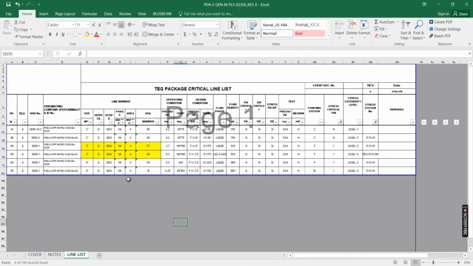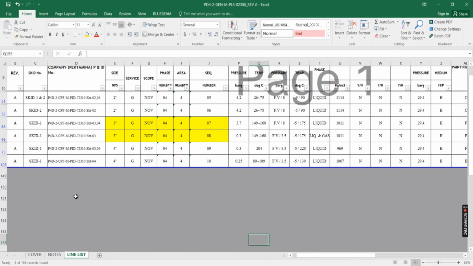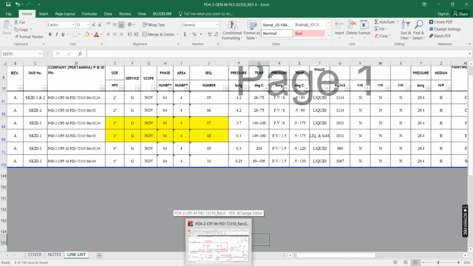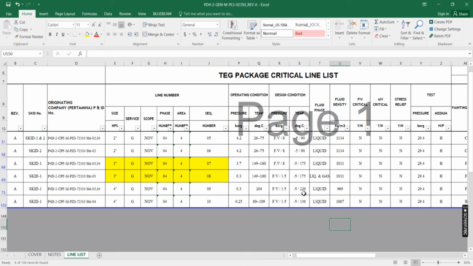Okay, so we'll see another of these lines. I don't know where it is coming from. 4-inch G 04409. Our temperature is 220. Definitely it comes under critical lines only.